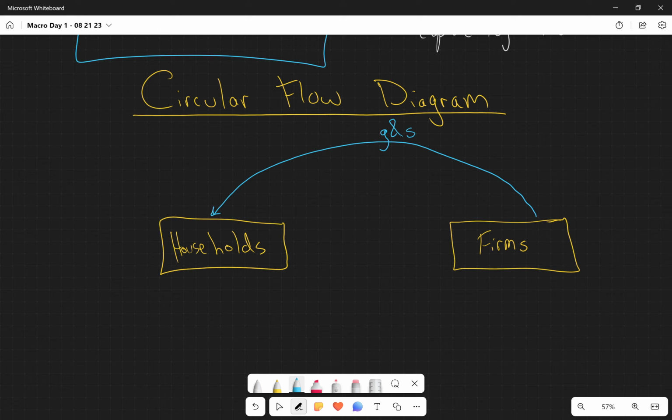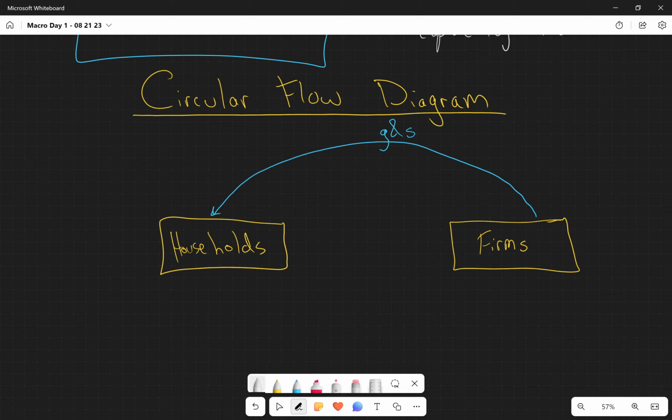And also, whenever I say goods, 9.5 times out of 10, I am talking about goods and services. Unless I specifically say only goods, right? That's when I'm talking about just goods. But for the most part, economists talk about goods and services as if they're interchangeable terms, which is not being as detailed and exact as we could be, but it is what it is.